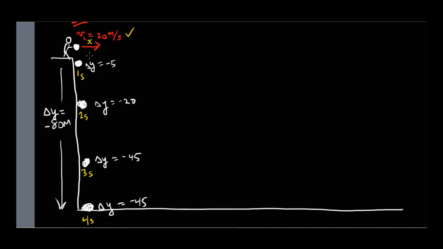All right, so that's the y motion. In other words, this is what the ball would do if I just were to drop it, right? If I didn't throw it out, if I just dropped it, it would fall, and it falls a little bit farther every second, right? This right here is about 15 meters. This here is 25 meters. Ooh, I made a mistake here. This should read -80.